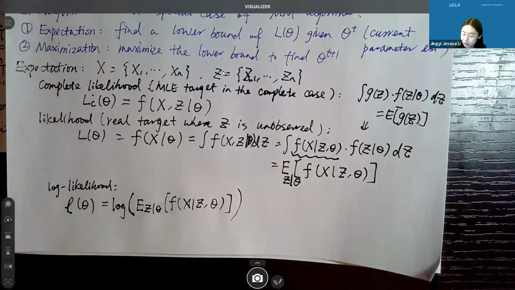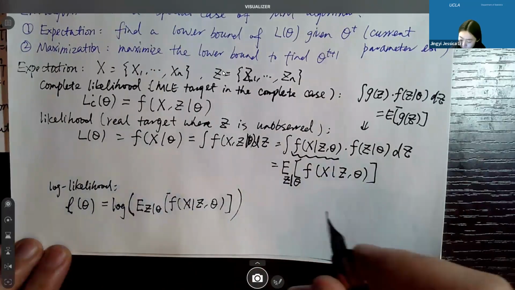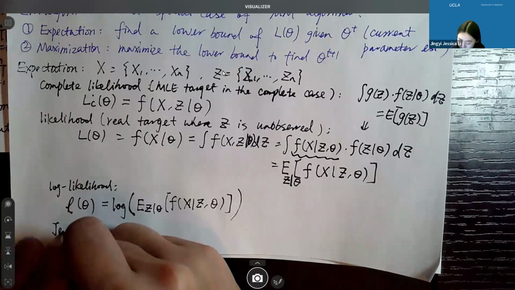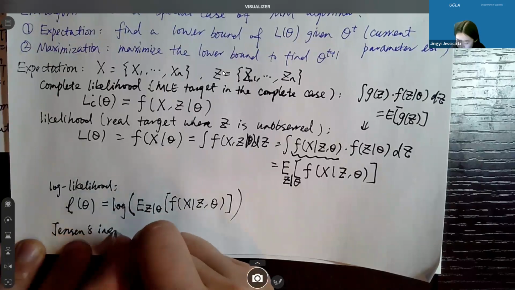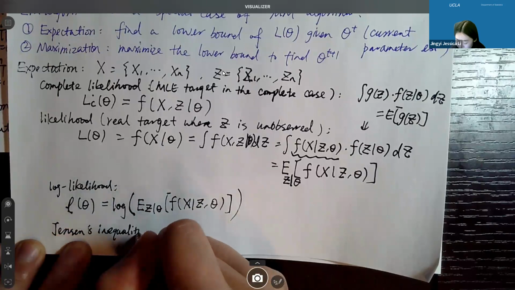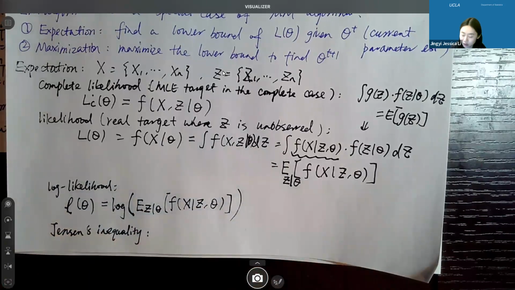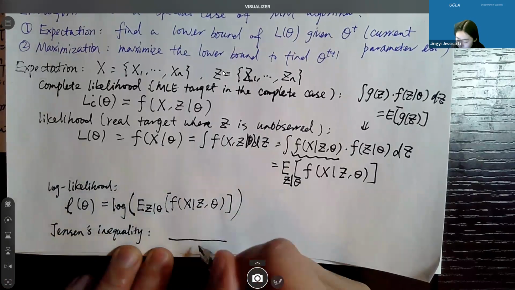Now we will use an important result called Jensen's inequality. Jensen's inequality is a very useful thing in statistics when you deal with log likelihood. The reason is that the log function is what we call concave.